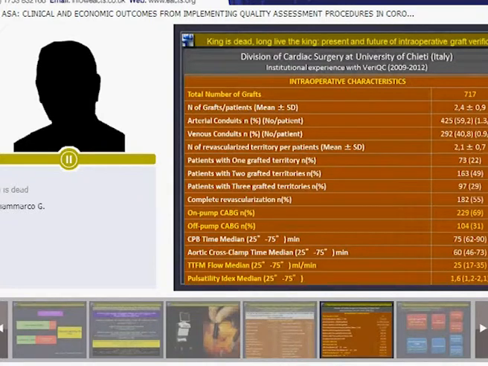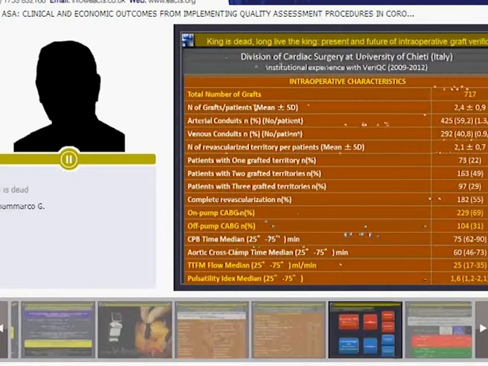They were made 1/3 off pump and 2/3 on pump, and the median of graft flow was 25 milliliters per minute, and the median of pulsatility index of our group was 1.6.